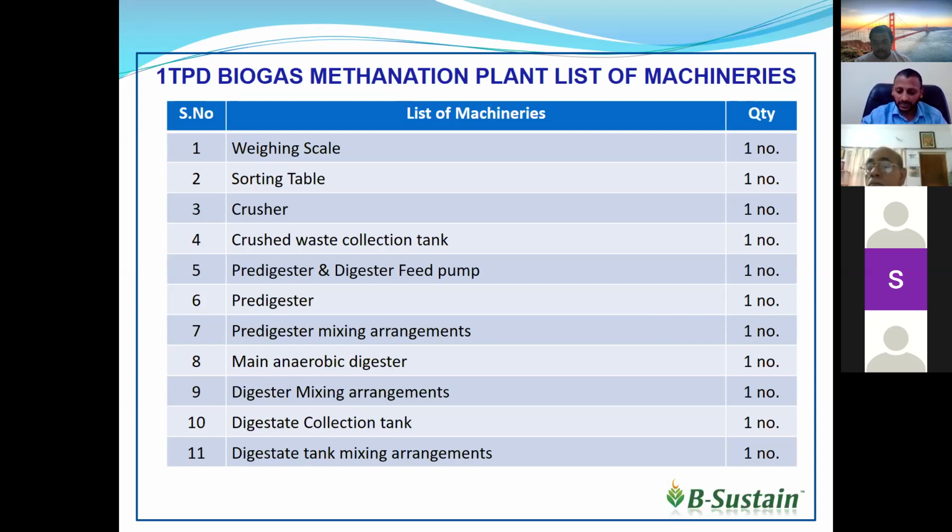If your secondary digester is bigger, 500 cubic meter, 1000 cubic meter, or 4000 cubic meter, then you have to go for submersible mixers. And then the digestate collection tank, which is the overflow collection tank, and the digestate tank mixing arrangements.